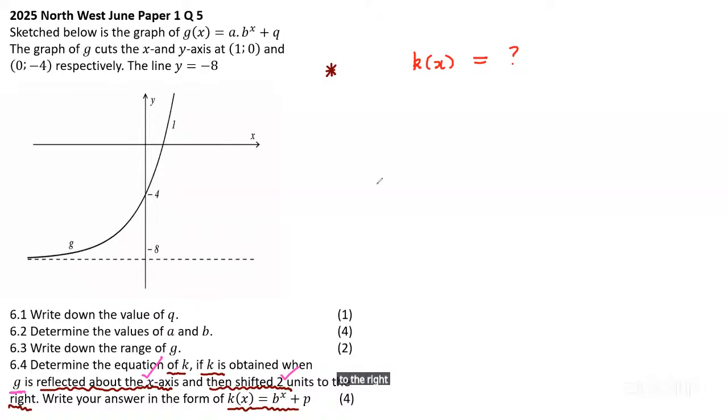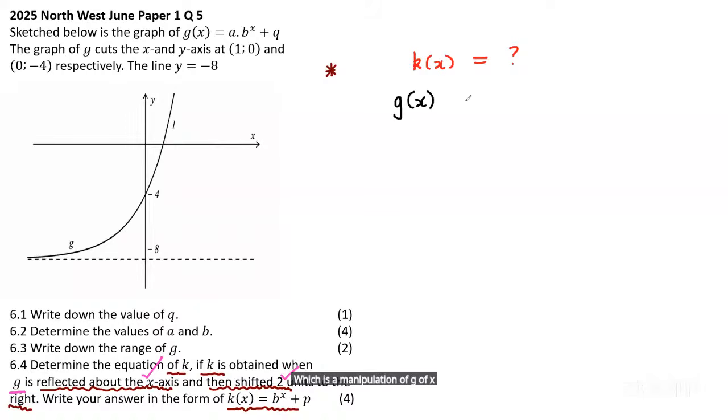So two things that I did. First, you are reflecting the graph in the x-axis. Secondly, you are shifting it 2 units to the right. So we want to find the equation of k of x, which is a manipulation of g of x.